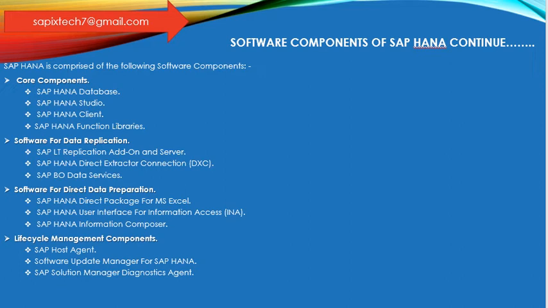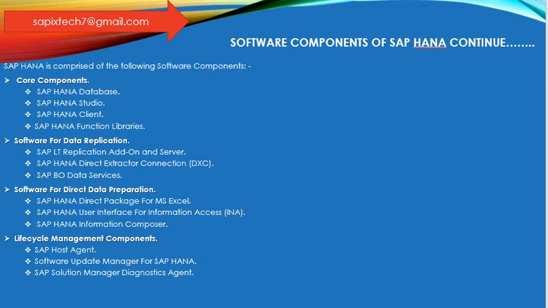So I'll talk about the HANA database, HANA Studio, and the SAP HANA client with all the function libraries available with the core components. After that, I'll show you the software available for data replication, and consequently I'll discuss all the topics one by one.